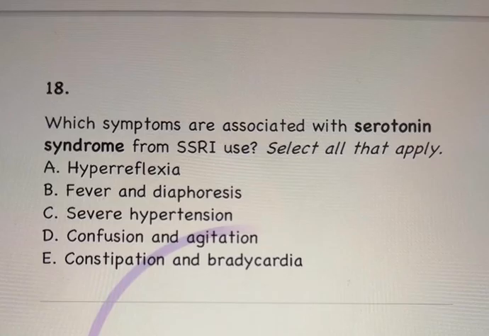Excessive use of SSRI, yes. Everything goes high, yes. Too much serotonin, definitely. Everything goes high, and you can remember it by HARMFUL.